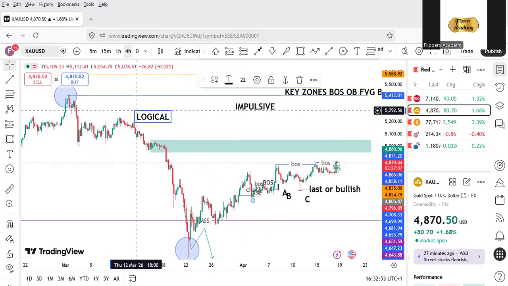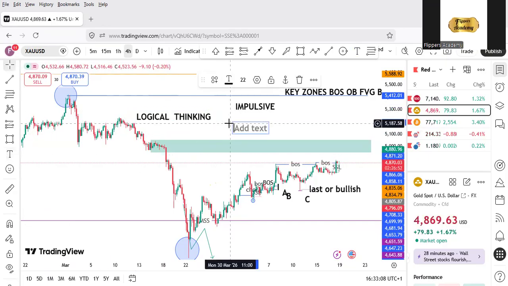Anything logic need thinking. You need to think deeply. That's why if you look at most traders, 90% of traders now men, now guys they trade.